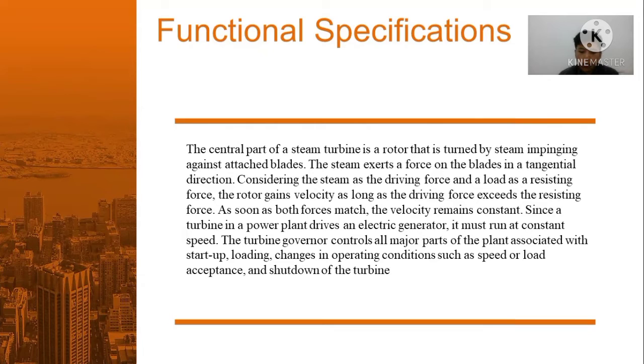The rotor gains velocity as long as the driving force exceeds the resisting force. As soon as the forces match, the velocity remains constant. Since a turbine in a power plant drives an electric generator, it must run at constant speed.